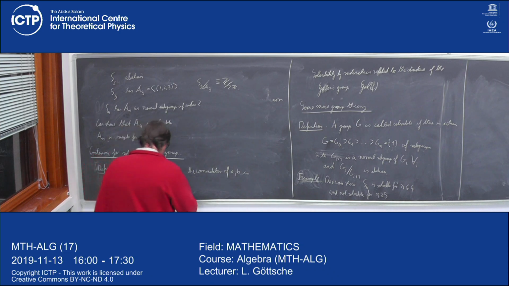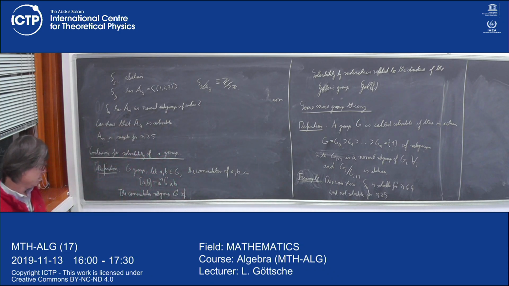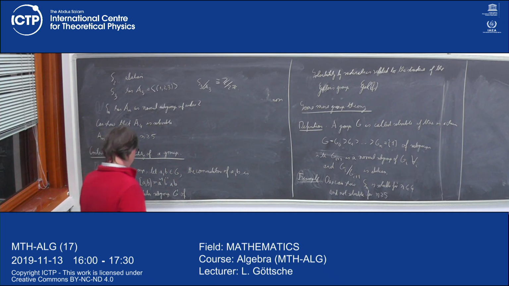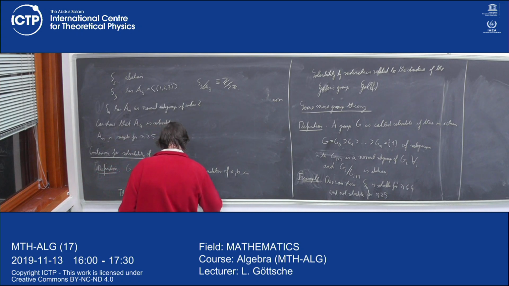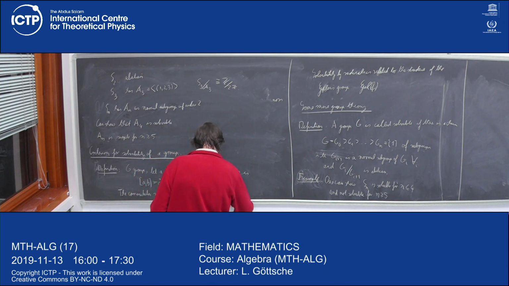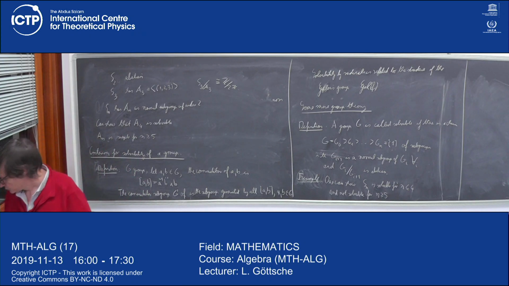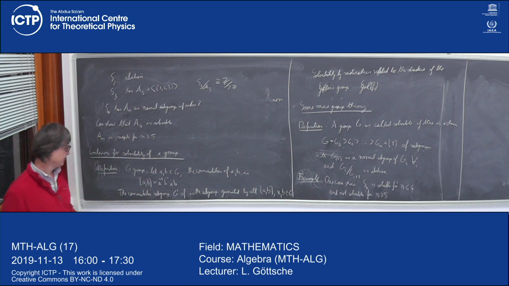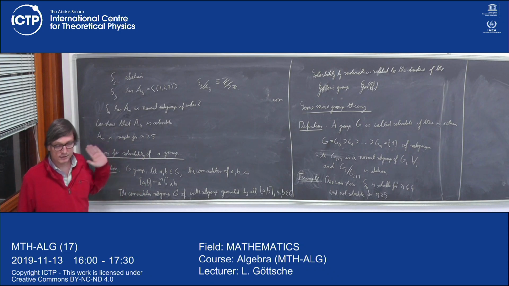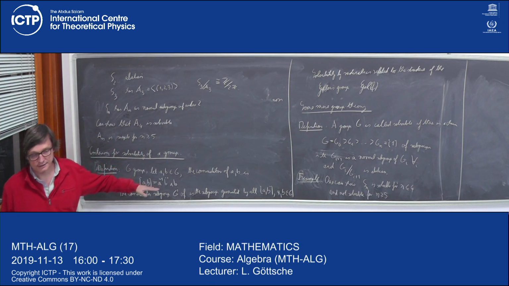It's usually denoted G prime, and sometimes one even says it's the derivative of G. It is the subgroup generated by all commutators [a, b] with a and b elements in G. So if the group is commutative, obviously the commutator subgroup consists of the identity element, because every commutator is 1.